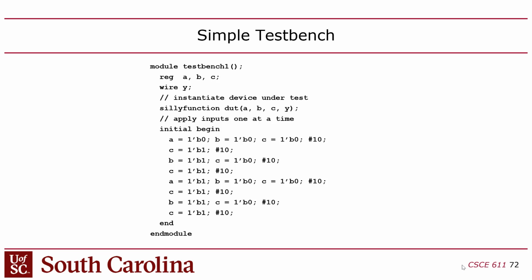Now the DUT, on the other hand, does. So the DUT is instantiated in here, and then I use something called an initial block. An initial block is the same as an always statement. The only difference is it only runs once at the beginning. They're generally only used for testbenches, right?